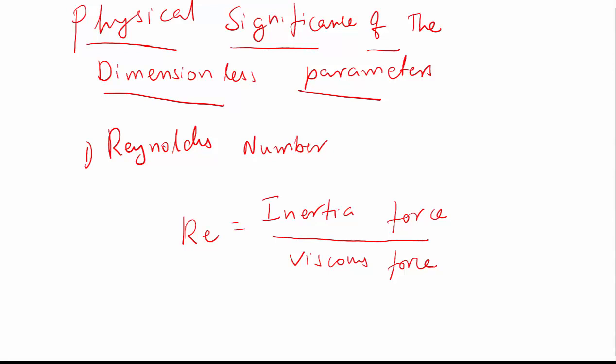Therefore, based on the viscosity of the fluid, the Reynolds number varies. Therefore it is not possible to maintain the Reynolds number as constant for two different fluids for the same situation. This is a very, very important point. In all books they are giving only a definition of Reynolds number, but what is inertia force and what is viscous force is not available.